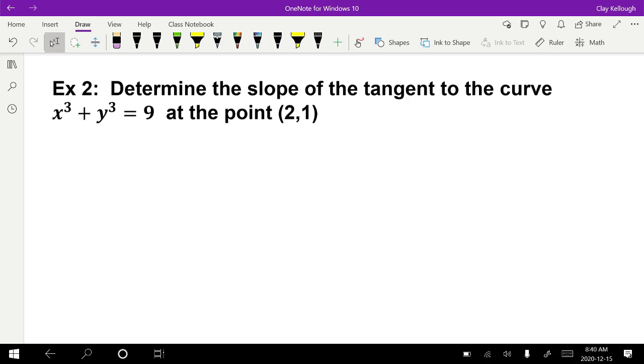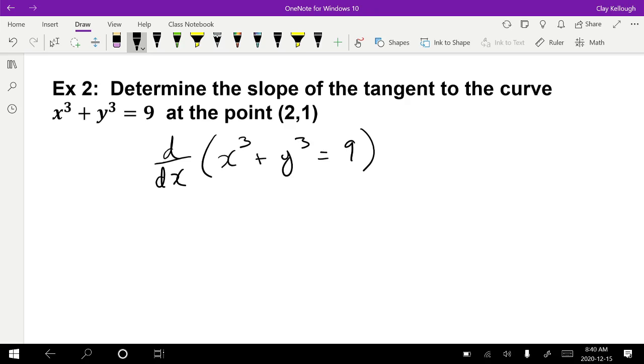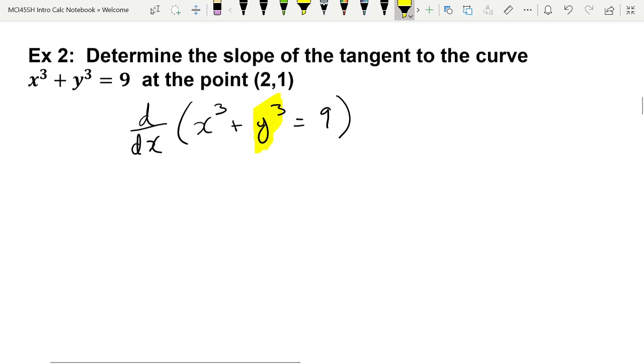All you have to do is start the same way I started the last one. The derivative with respect to x of the entire equation, which means you have to do the derivative of the left side and the right side. And the tough part is that this part right here is going to need a chain rule. That's the part that makes this implicit differentiation.